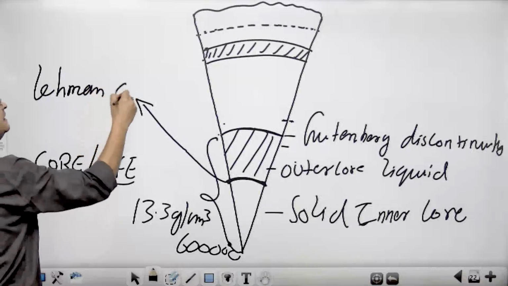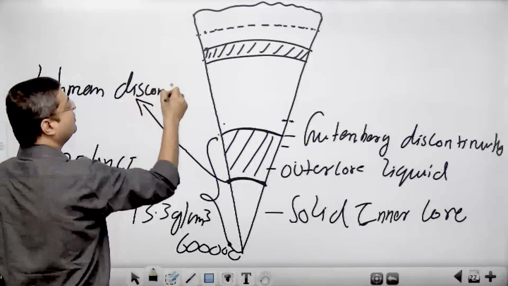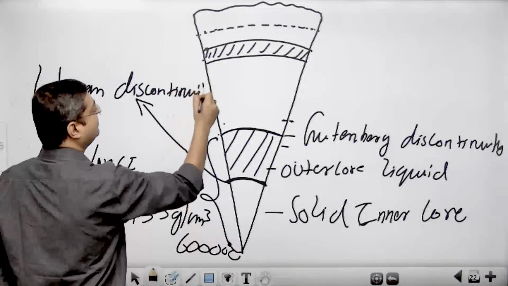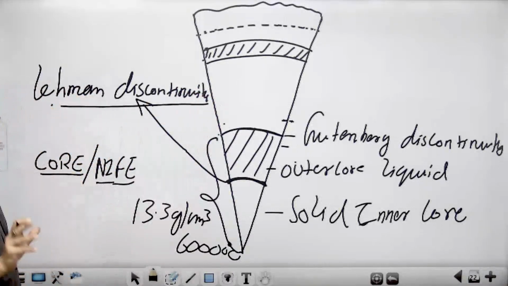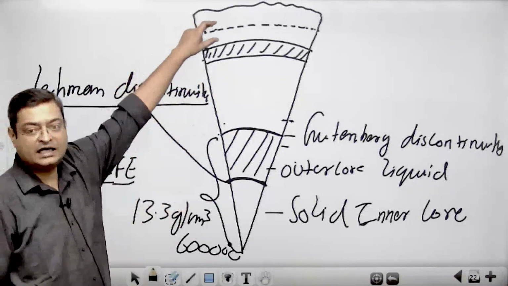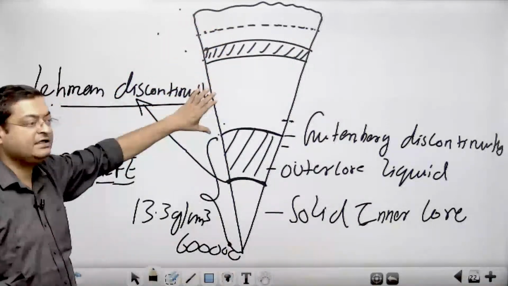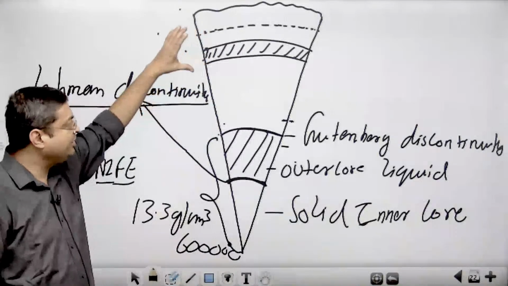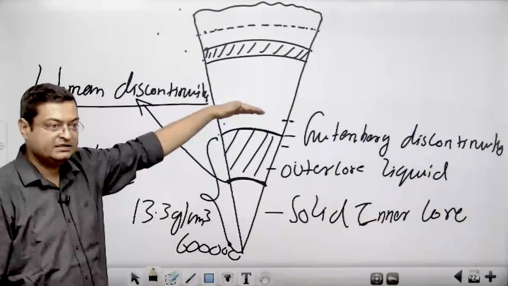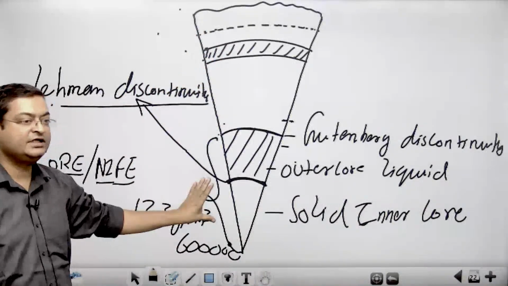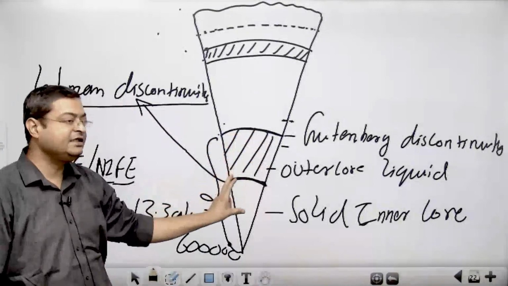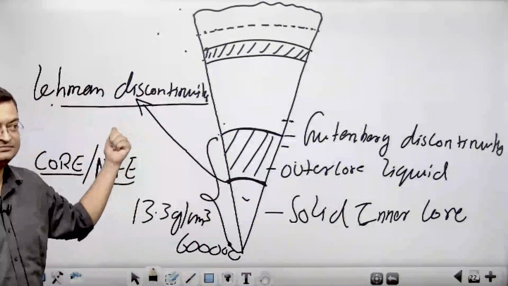So it is Lehmann discontinuity. So we have 5 discontinuities. Conrad, within the crust. Between the crust and mantle it is Moho. Within the mantle it is Repeti. Between the mantle and the core it is Gutenberg, and within the core it is Lehmann.